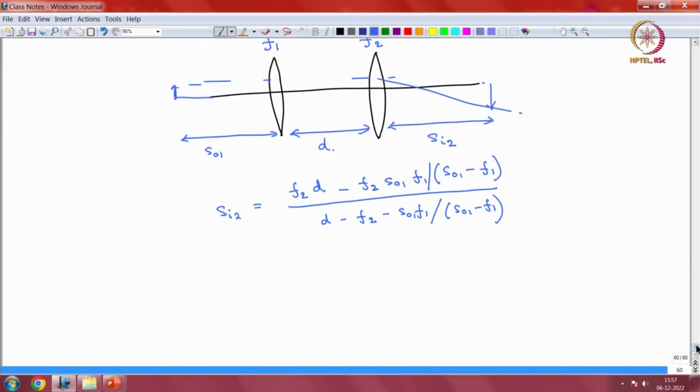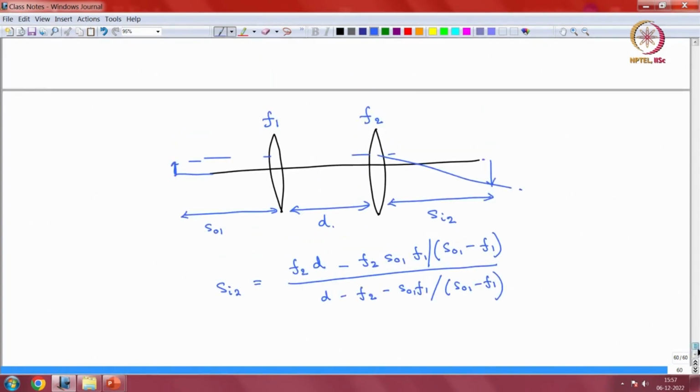So, we will look at it, and in light sheet optics, the light that enters from the left is usually a collimated beam, a laser beam, right.